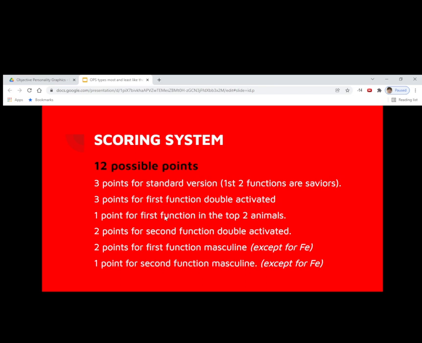1 point for having the 1st function in the top 2 animals, because those top 2 animals are what we call the savior animals. So, for example, if you compare an ISTJ, just a standard SITE variety ISTJ, that's blast sleep versus one that's blast play.